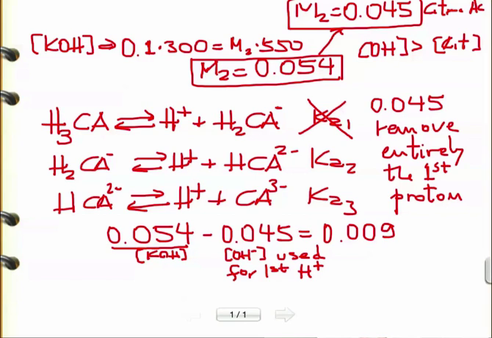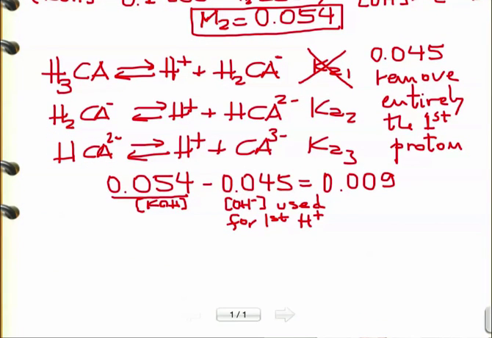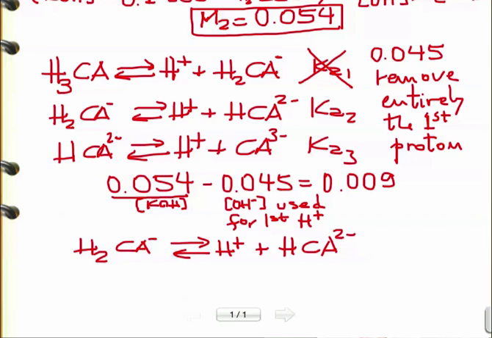So what did we have in terms of the species H2Ca minus? We have that species at the same concentration as citric acid, 0.045. So H2Ca minus is now going to be in equilibrium with H plus and HCa2 minus.